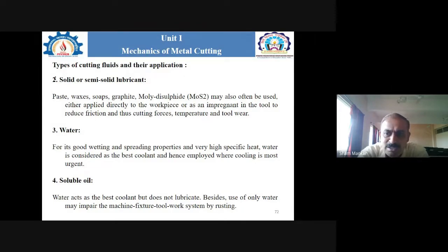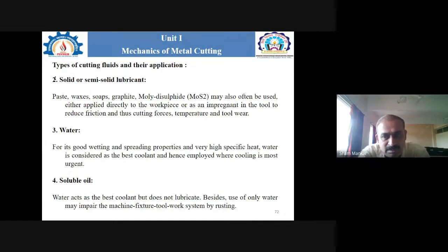Most of you know that whenever we are performing the machining operation, taking into consideration the workpiece material chemical composition, we use water as another type of cutting fluid. For its good wetting and spreading properties and very high specific heat, water is considered the best coolant, and hence it is employed where cooling is most urgent.